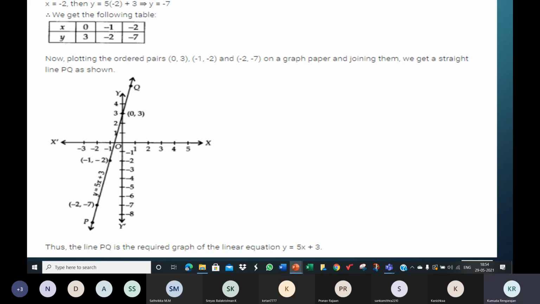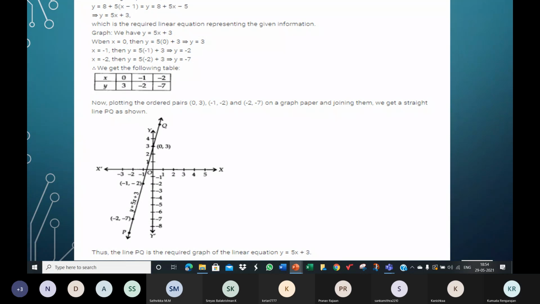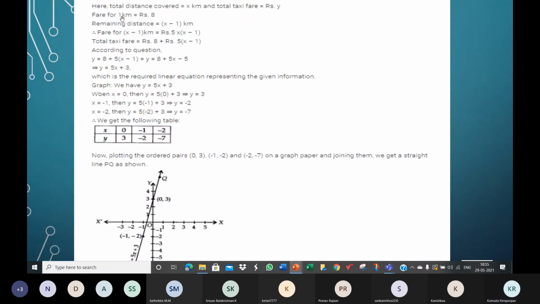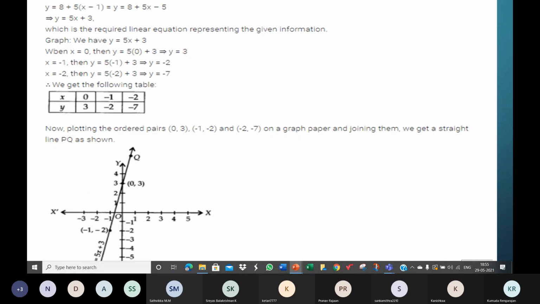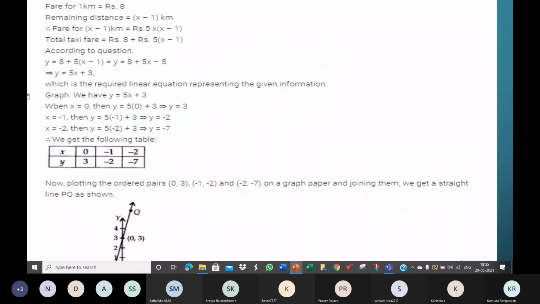All right, children, I hope you can complete this after framing the equation. You can see it here. The total distance is x. Please follow the pointer. See here, according to the question, see this part.